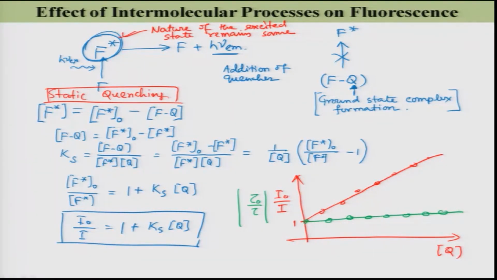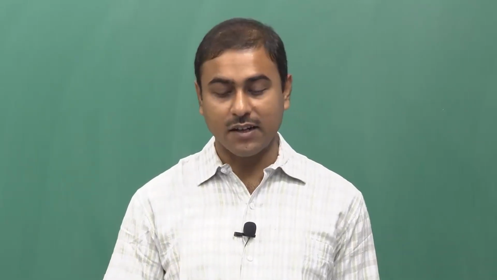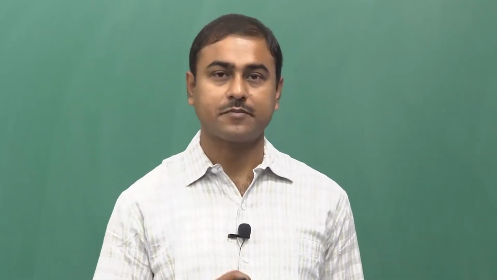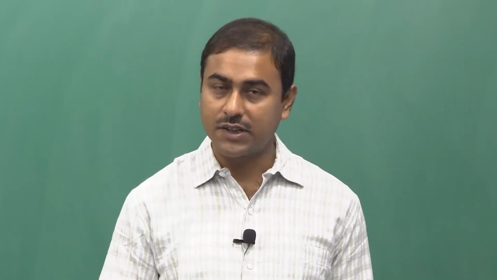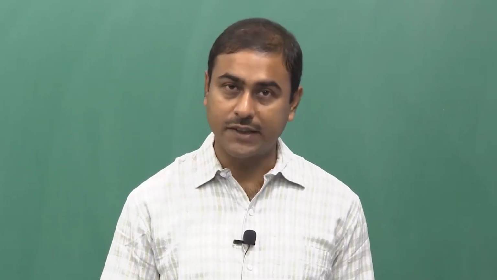This is because lifetime is the property of the excited state, and in static quenching, the ground state complex formation is just removing a fraction of the fluorophore from my observation. So, the excited state remains the same. I can readily distinguish whether it is static or dynamic quenching by measuring intensity as well as lifetime as a function of quencher.